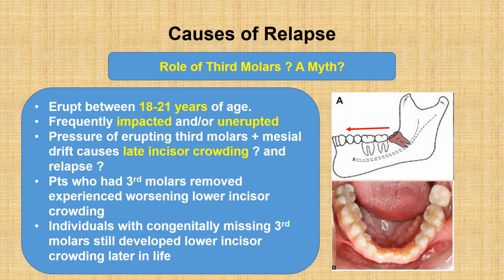But it has been shown that patients who had third molars removed experience worsening lower incisor crowding. Similarly, individuals with agenesis or congenitally missing third molars still develop lower incisor crowding later in life. Thus, there is no concrete evidence to show that third molar plays a role in relapse.